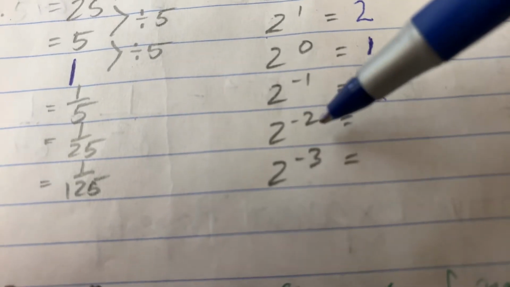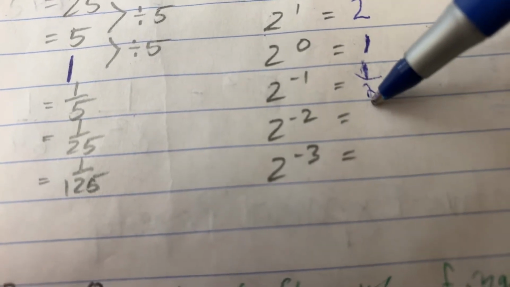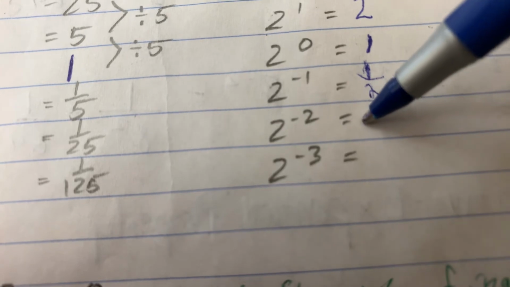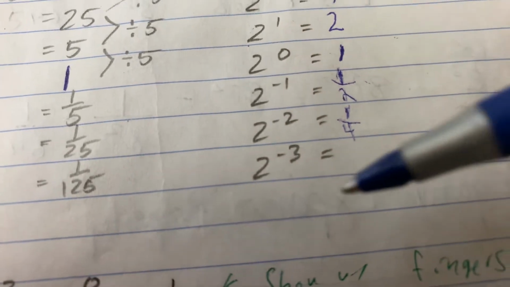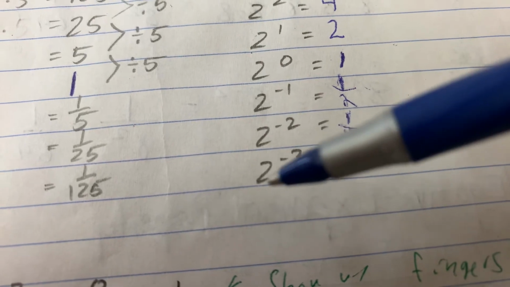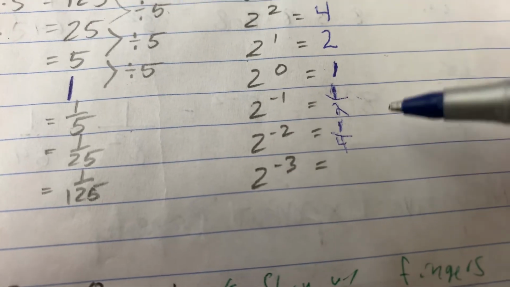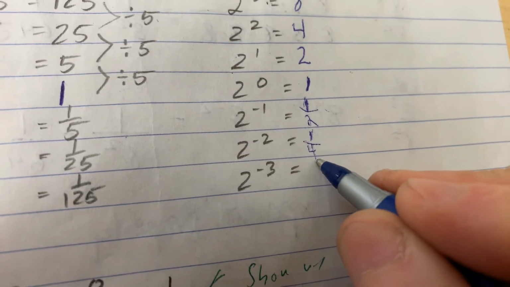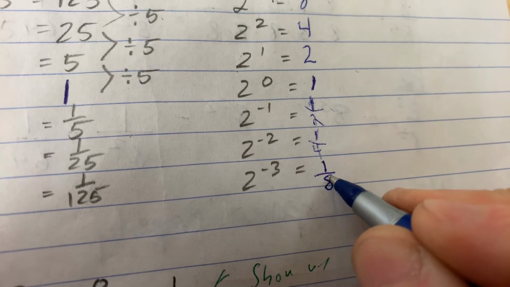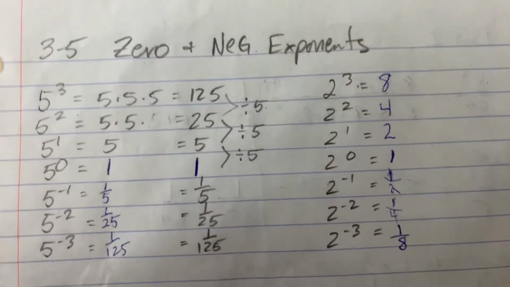We know that 2 squared is 4, so 2 to the negative second is 1/4. And 2 to the negative third, well, I know 2 cubed is 8, so 2 to the negative third power is 1/8. So take a quick snapshot of that.